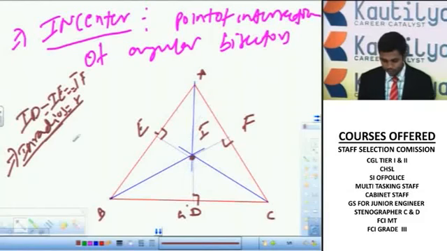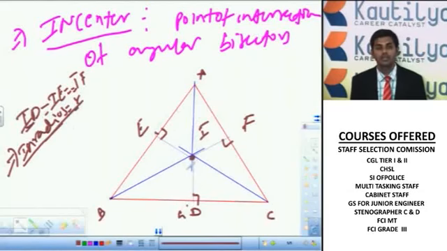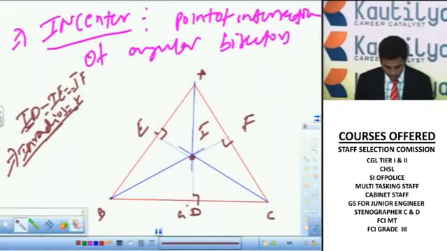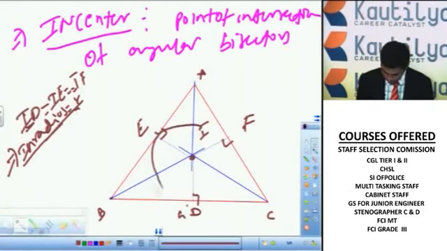With this inradius, since the distance is the same from the incenter to all the sides of the triangle, with this particular length as radius we can draw an incircle. That is, with this one we can draw an incircle, right?